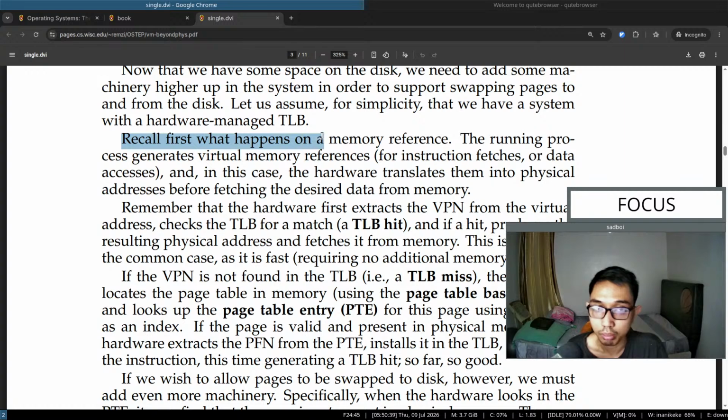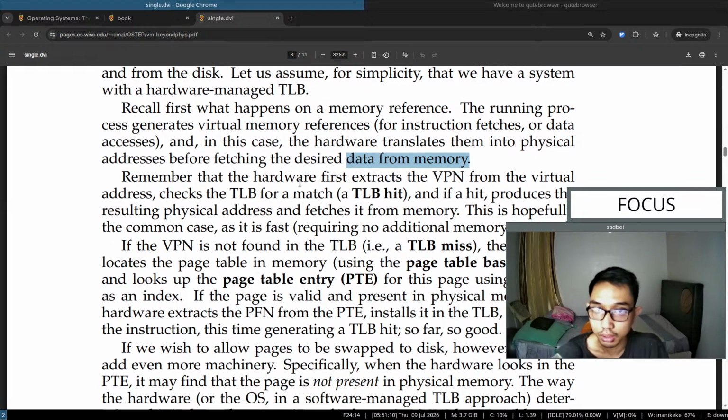Recall first what happened on a memory reference. The running process generates a virtual memory reference for instruction fetch or data access, and in this case the hardware translates it into a physical address before fetching the desired data from memory. Right, okay.